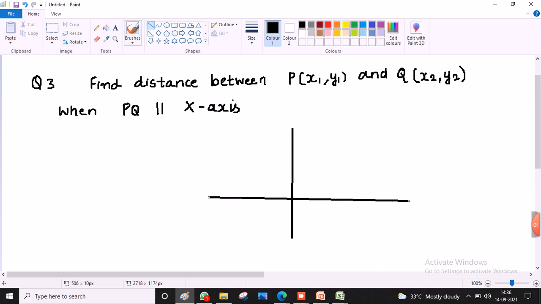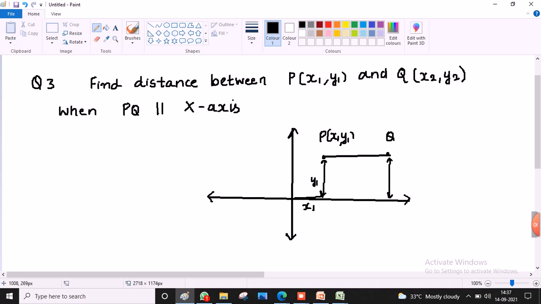Let this be the x and y axis, and P and Q are 2 points such that PQ is parallel to the x-axis. If PQ is parallel to the x-axis, then this distance does not change. So if P is x1 comma y1, it means this distance is x1 and this distance is y1.